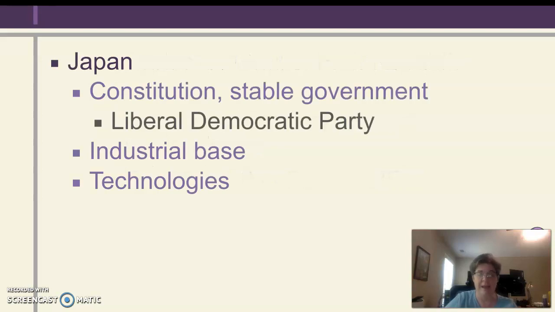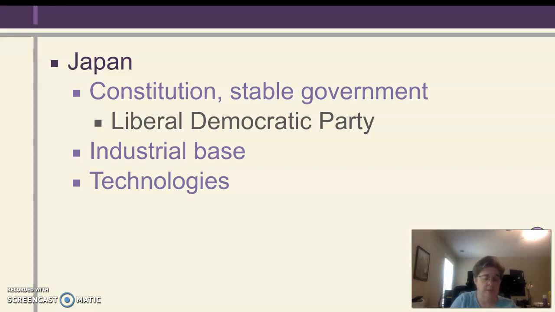Let's talk about Japan. Japan, of course, is devastated by the dropping of 2 bombs at Nagasaki and Hiroshima. But General Douglas MacArthur stays there. He helps them build a constitution and a stable government.